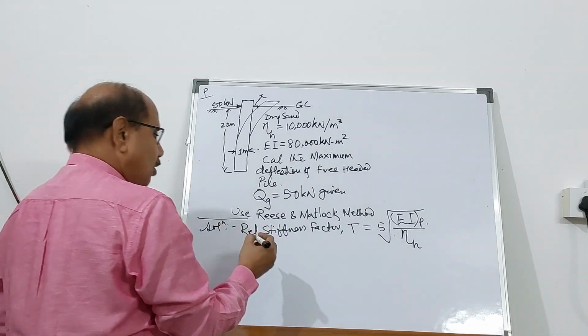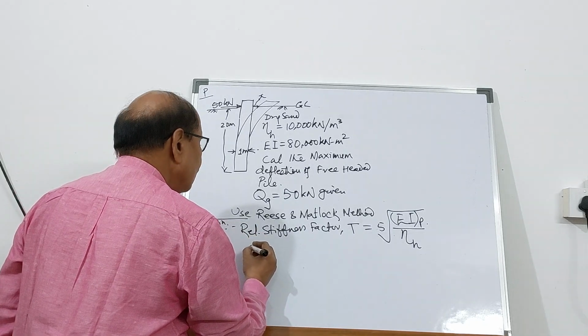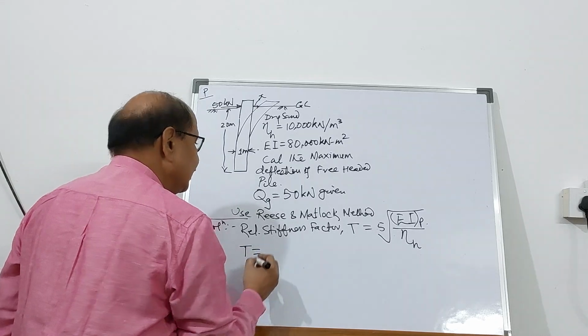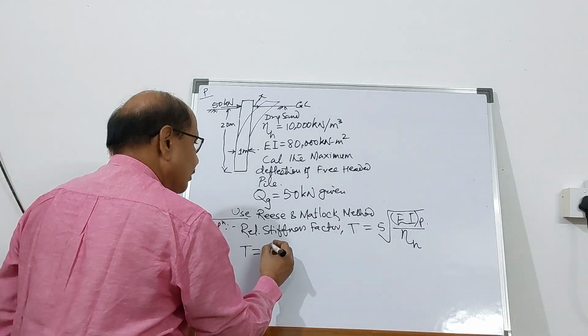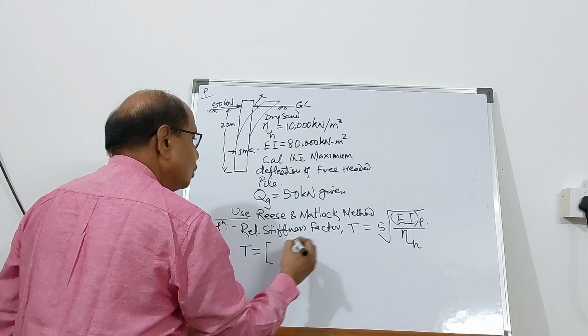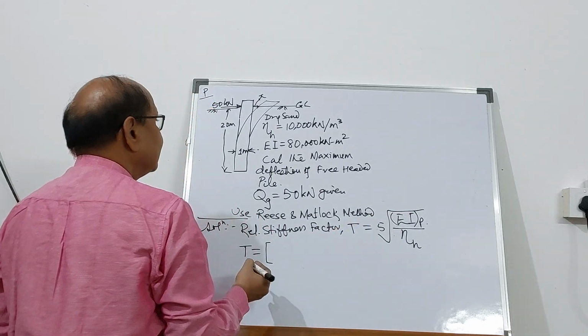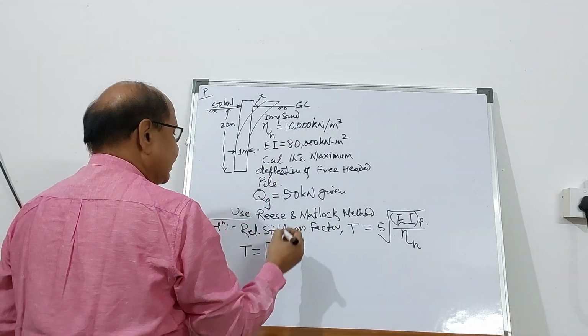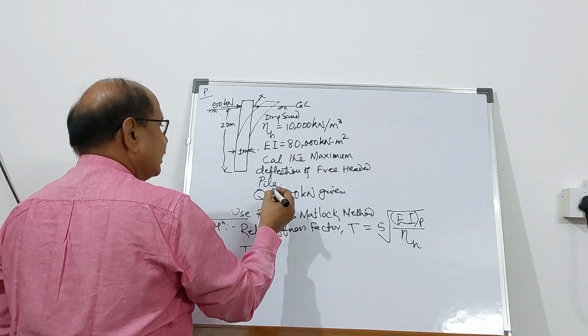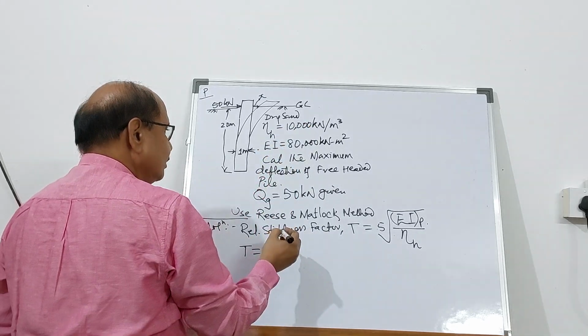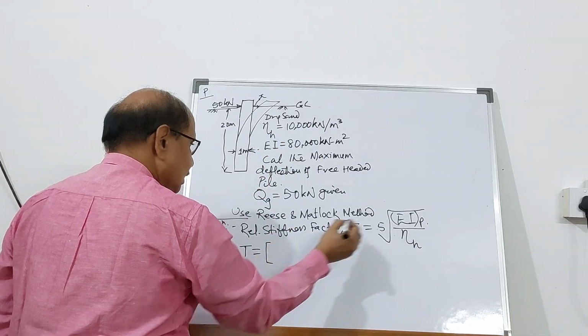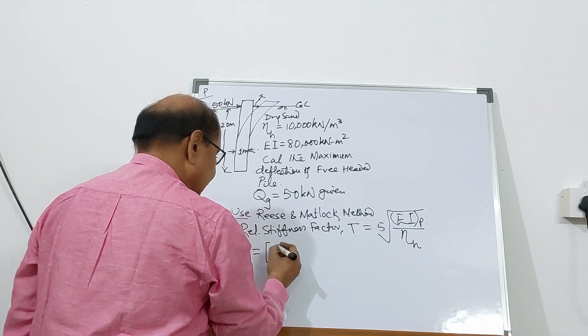Here the flexural rigidity is 80,000 and eta h is 10,000. So 80,000 divided by 10,000.